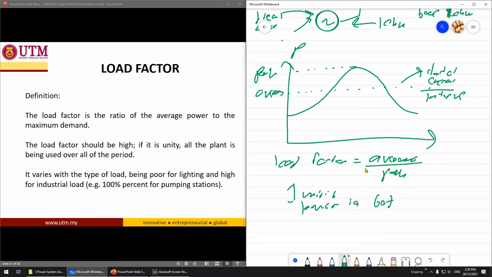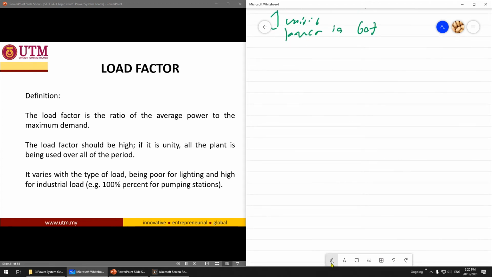How do we understand this? For example, as I mentioned here, the load factor that is poor is lighting. So why is lighting quite poor? Remember lighting, for example, this is 6 AM, and this is 6 PM.